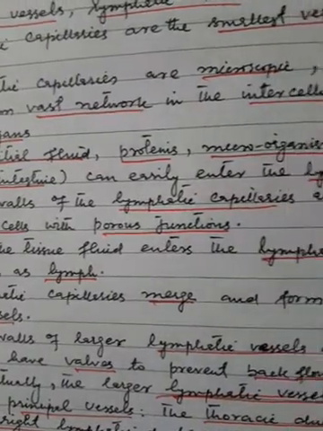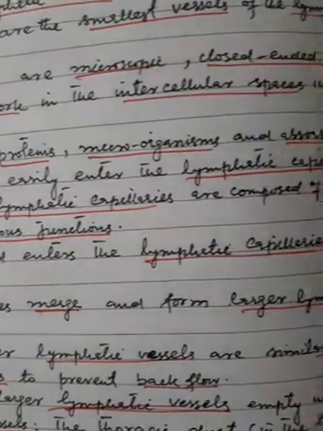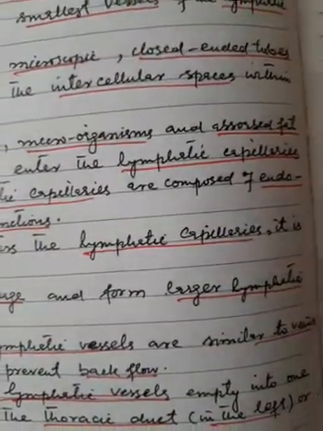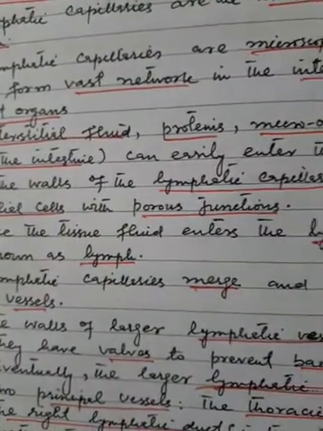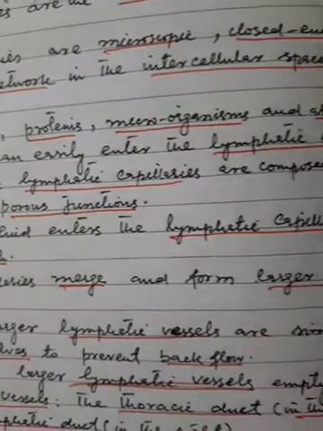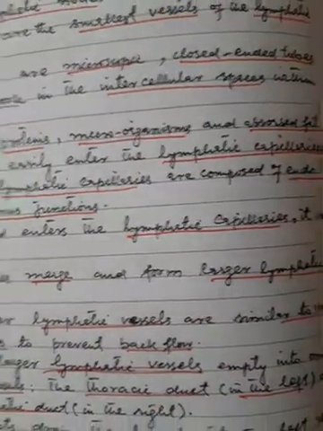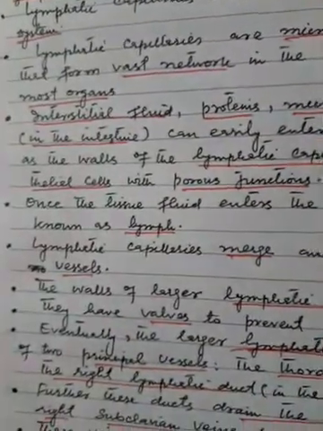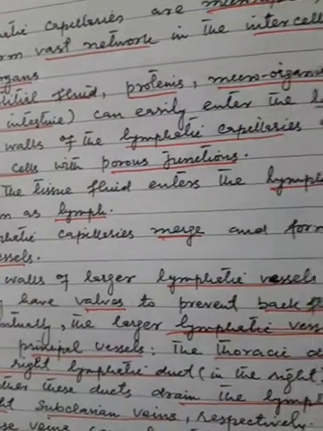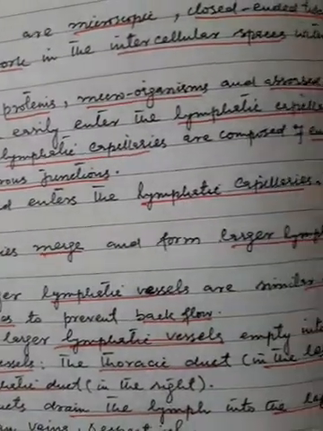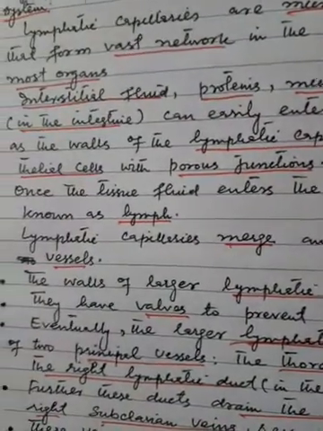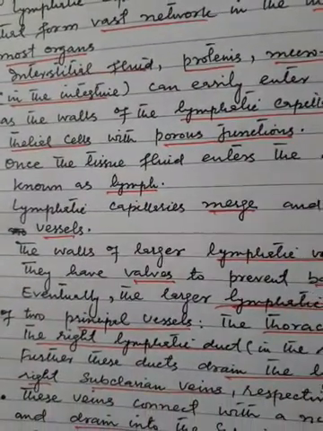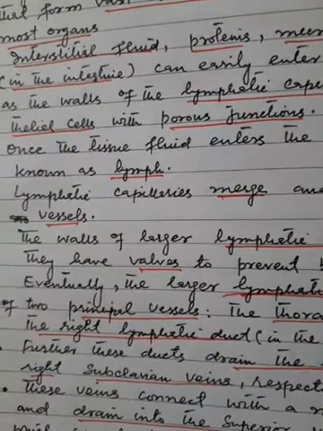Interstitial fluid, proteins, microorganisms, and absorbed fat in the intestine can easily enter the lymphatic capillaries, as the walls of the lymphatic capillaries are composed of endothelial cells with porous junctions.